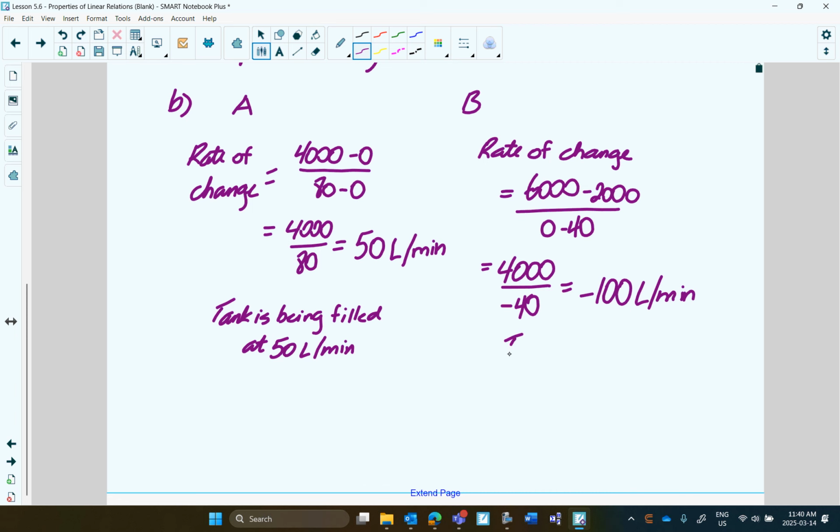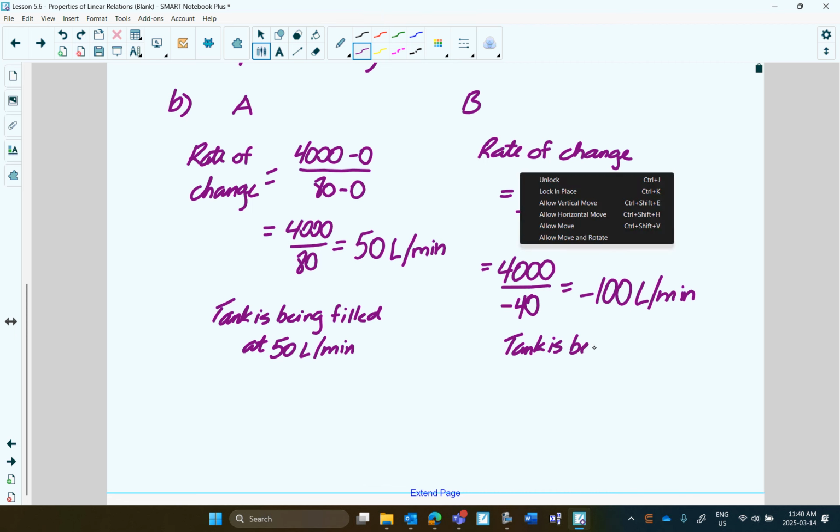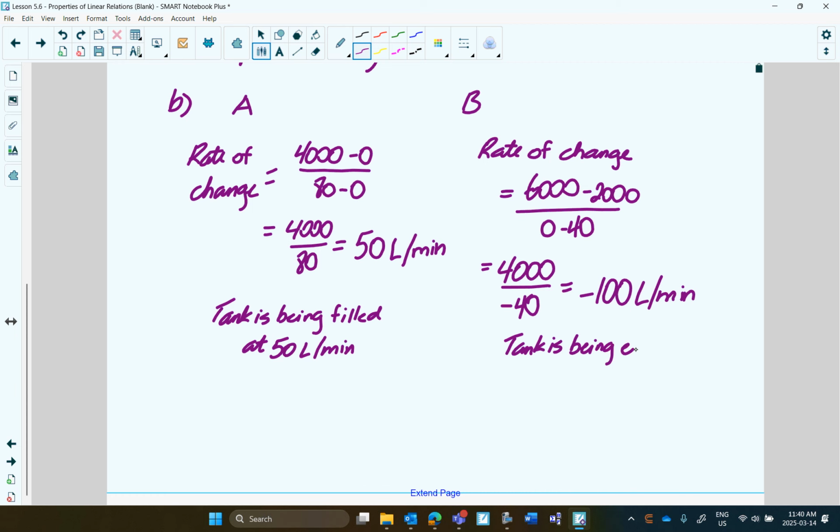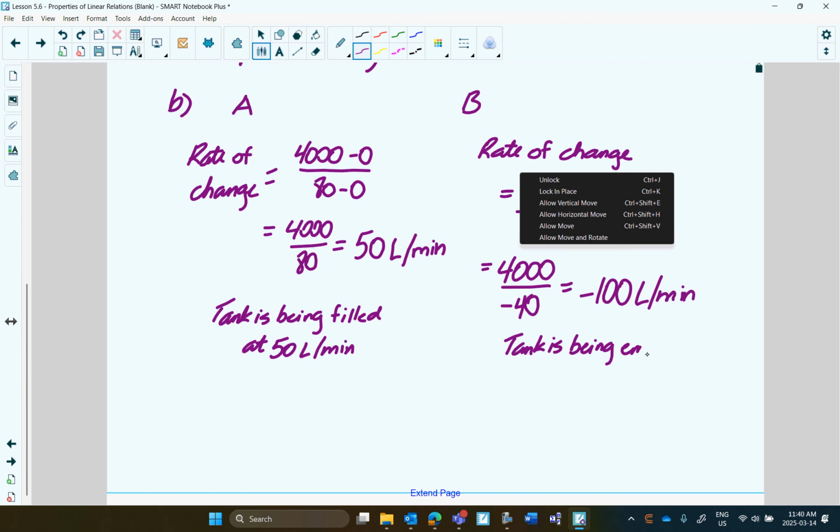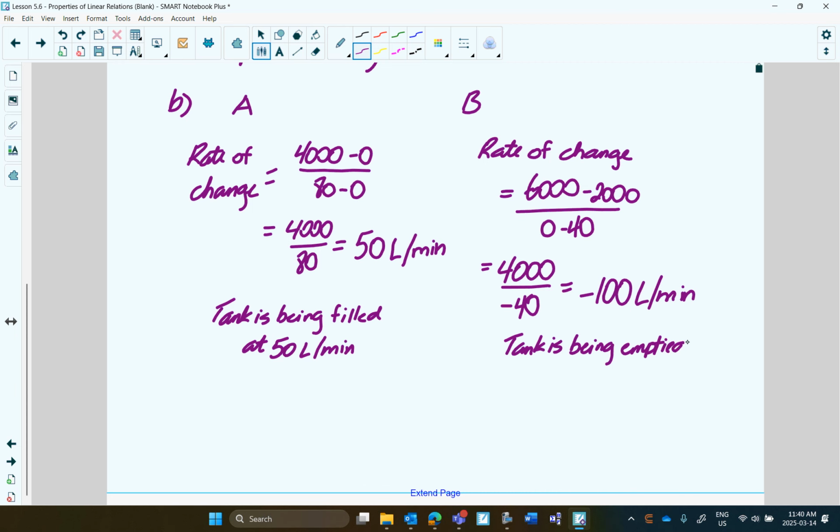Right. The tank is being emptied, but don't write negative 100 because that doesn't make sense. When we write the word emptied, that means negative. So it's actually being emptied at 100 liters per minute. Because if you think about it, if you say it's being emptied at negative, that means it's being filled. I know it messes with the mind.